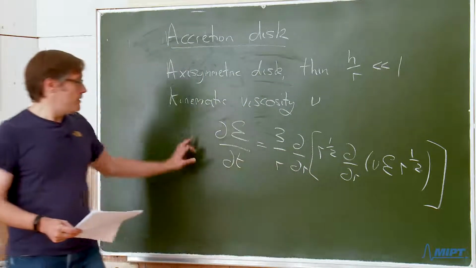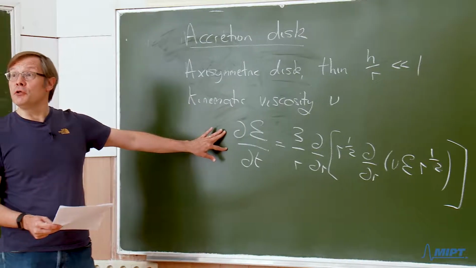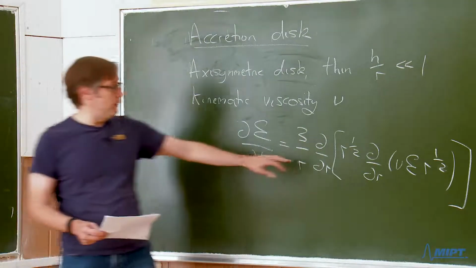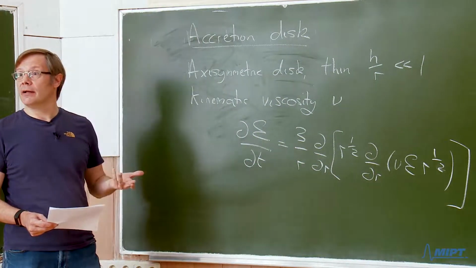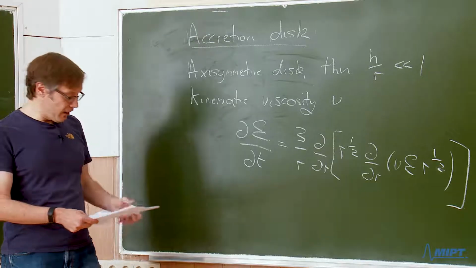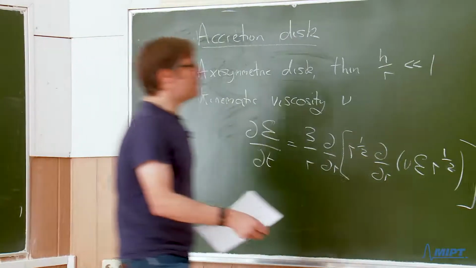Okay. So what you have here is a diffusion equation for the evolution of sigma under the action of some specified kinematic viscosity. Okay. So this is a well-known solution. So this is diffusion.